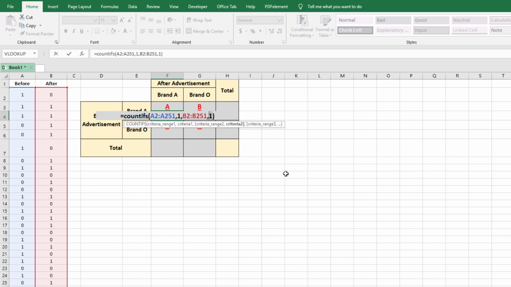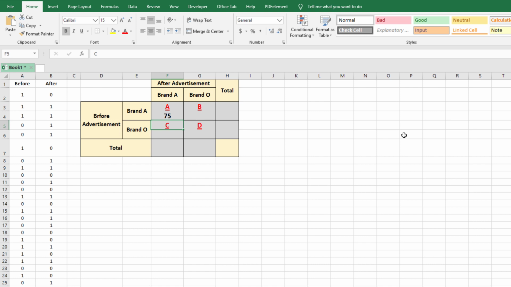Then close the bracket. That means both columns contain 1, meaning before and after they are using brand A. Press enter: 75. So 75 customers are using brand A before and after the campaign.